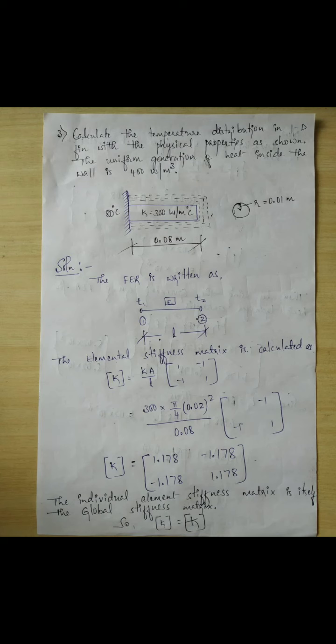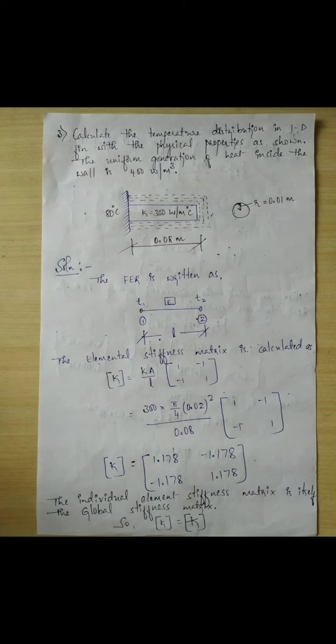When you simplify this portion of the equation, you are going to get the answer for small letter k, that is the elemental stiffness matrix, as small letter k is equal to 1.178 minus 1.178, minus 1.178 1.178. Students, this must be very clear in your mind.